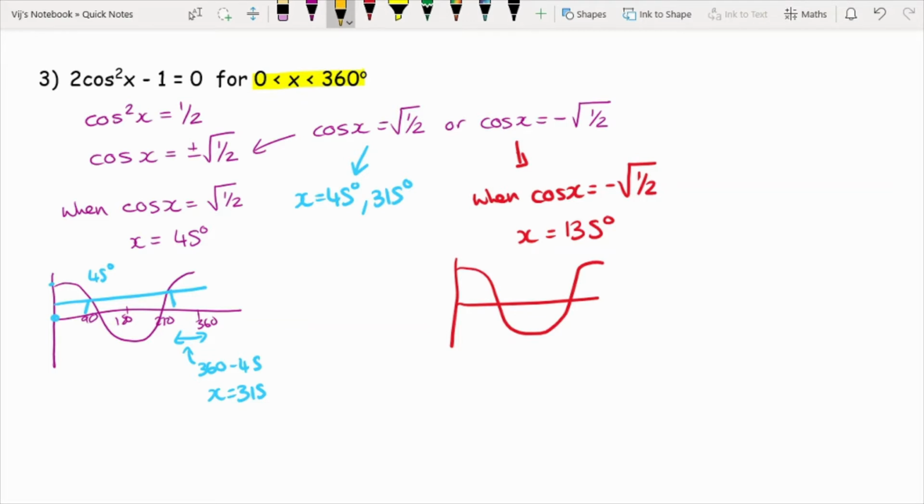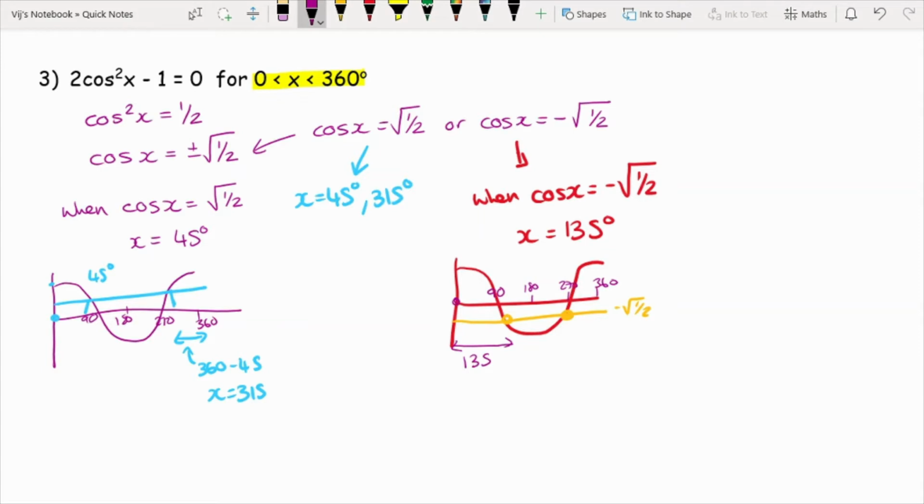So from this, if I draw a horizontal line at minus root a half, I'm looking for two intersection points between the range of 0 and 360. So again, this is 90, that's 180, this is 270, and that's 360. So again, our first angle, this distance here is 135.